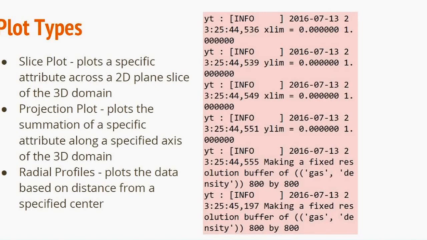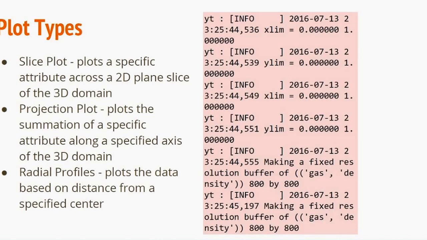Also, we had intended to plot column density, which is basically, let's say you have a circle, you take a slice of that circle, you have density from the center to the edge of the circle, and then you sum the densities, and you basically have the density all pushed all the way to the circumference of the circle.